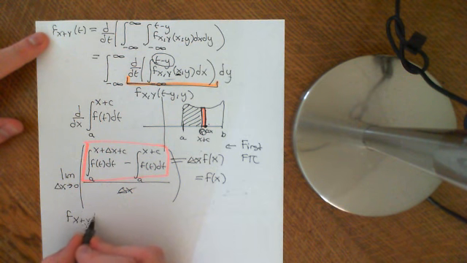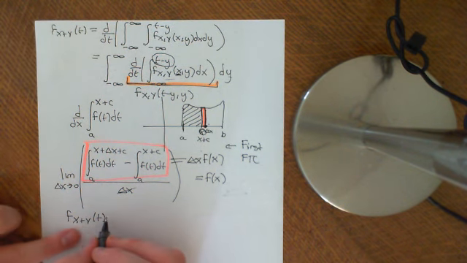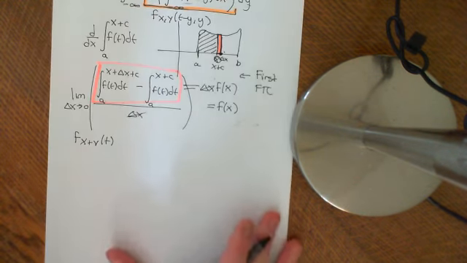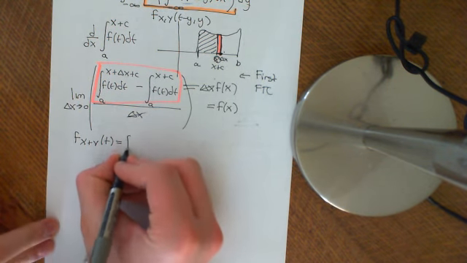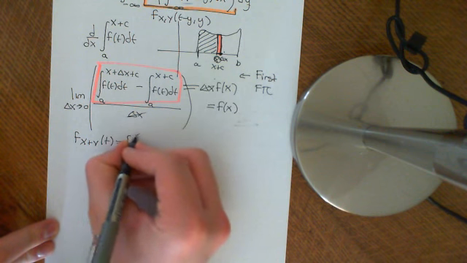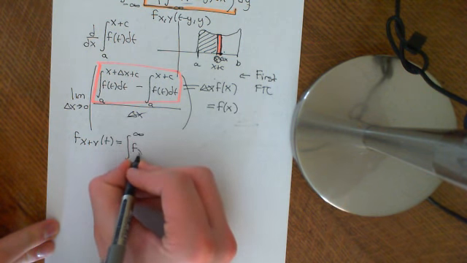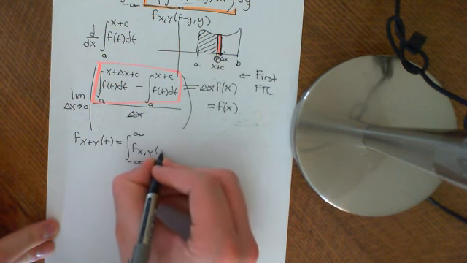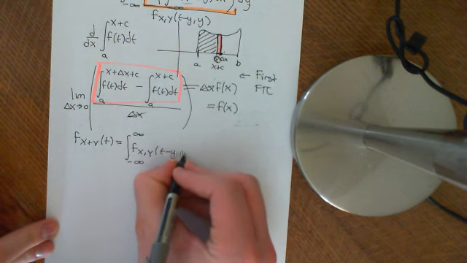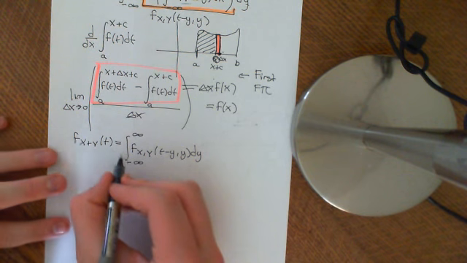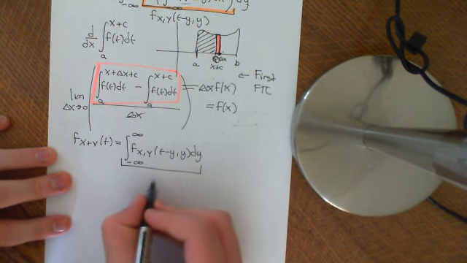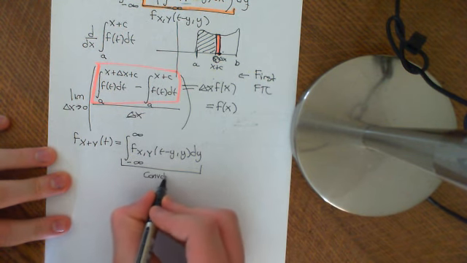So what we then get is that the probability density function of the random variable x plus y, which often is called the convolution of x and y, is equal to the integral from negative infinity to infinity of the joint probability density function evaluated at t minus y and y, dy. Now, that is what is known as the convolution integral, but there's a better form for it.